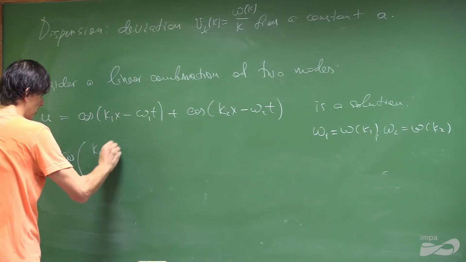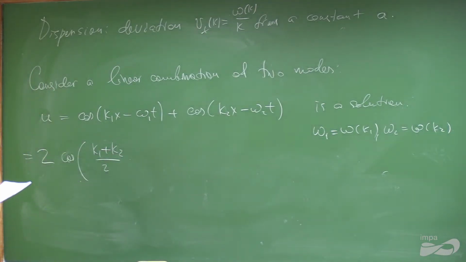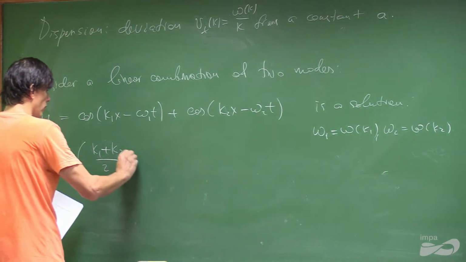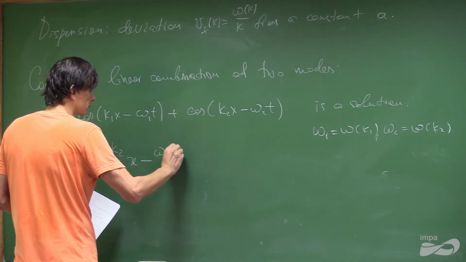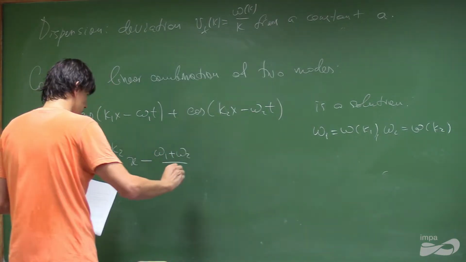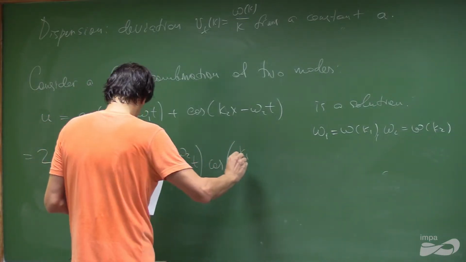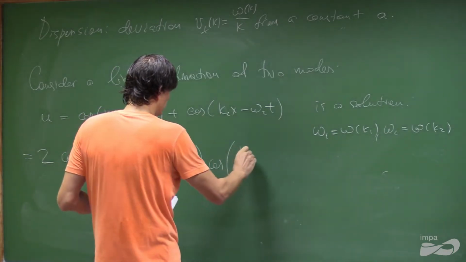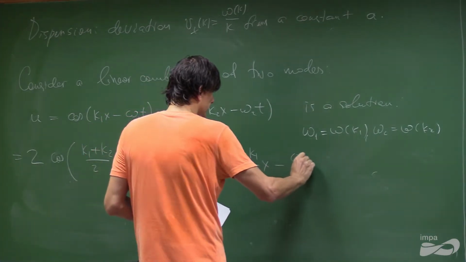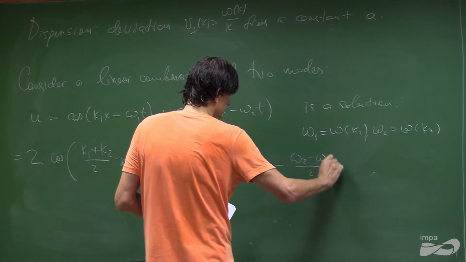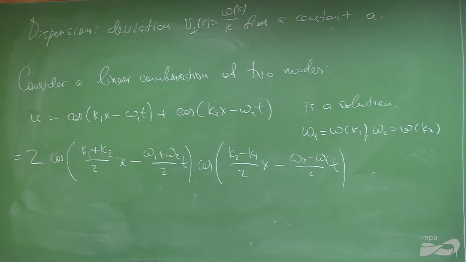So half difference, half sum, and we subtract k2 from k1. Correct, no? This is exact.